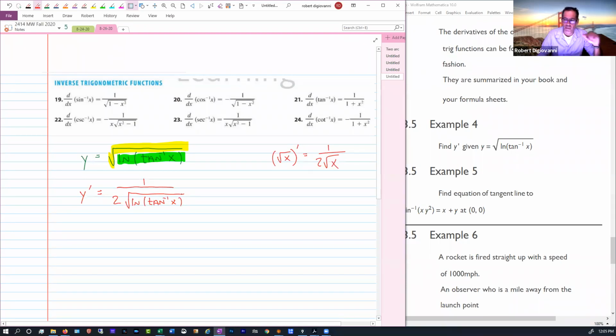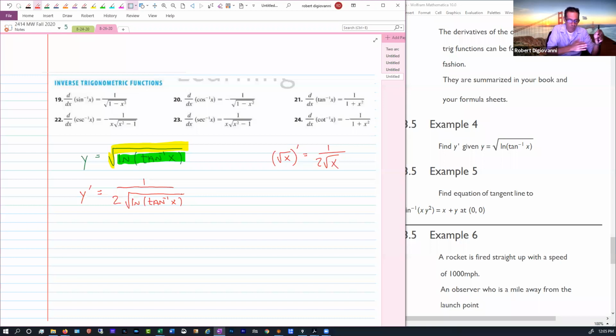Before I continue, let me say something. In Cal 1, when you first learned chain rule, you learned different ways to write it out as a composition of functions and then use formulas to take derivatives. I hope your professor told you that the ultimate goal with chain rule was to do it without writing all that down.